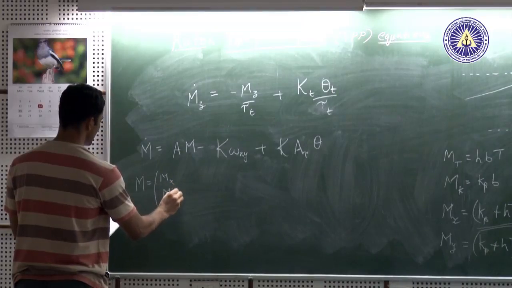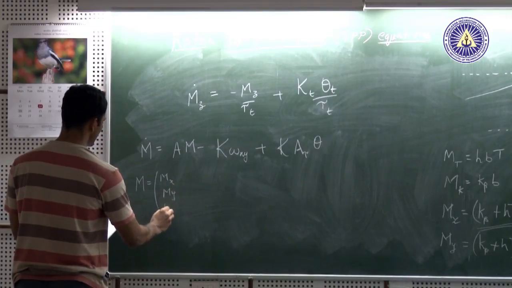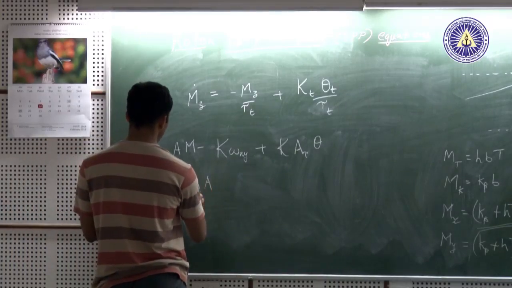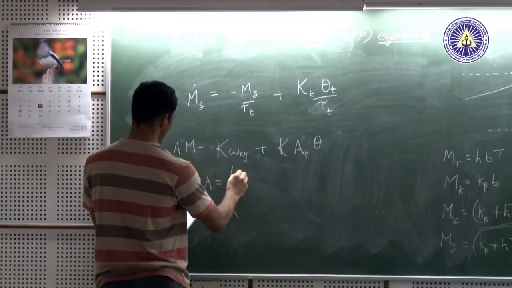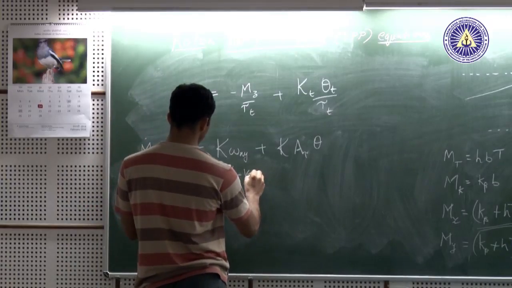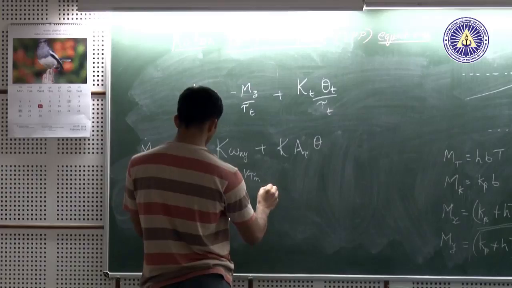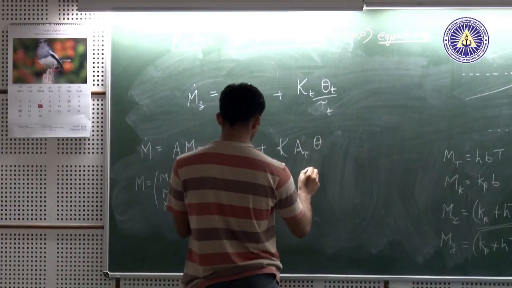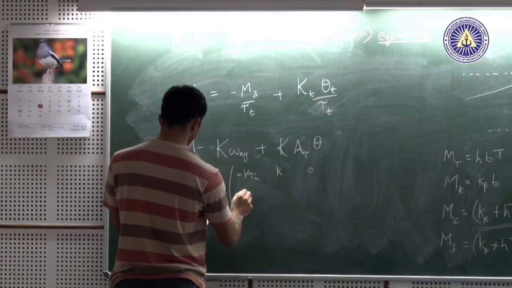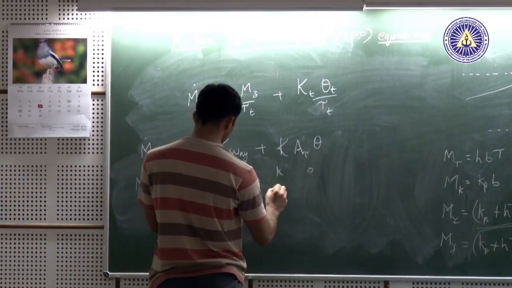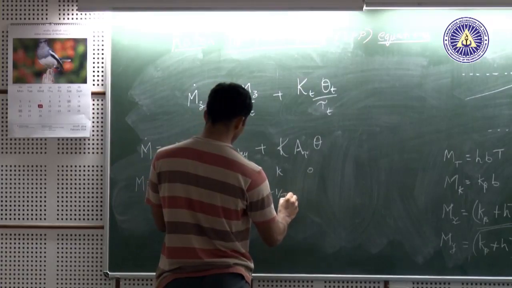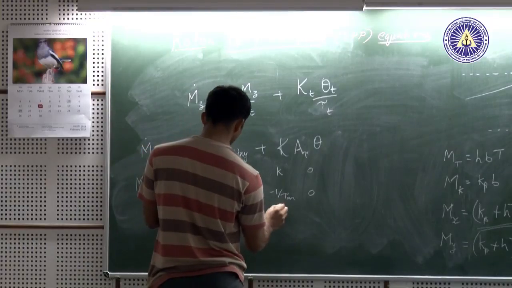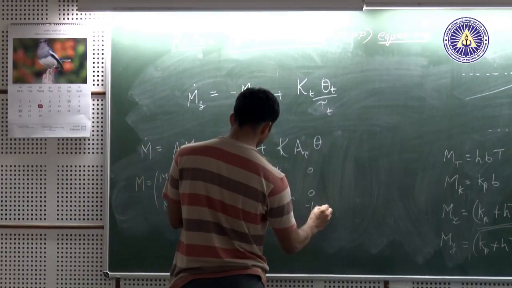where your capital M is the vector of all the moments mx, my, mz, and the A matrix is given by minus 1 by tau m, k, 0, minus k, minus 1 by tau m, 0, 0, 0, minus 1 by tau t.